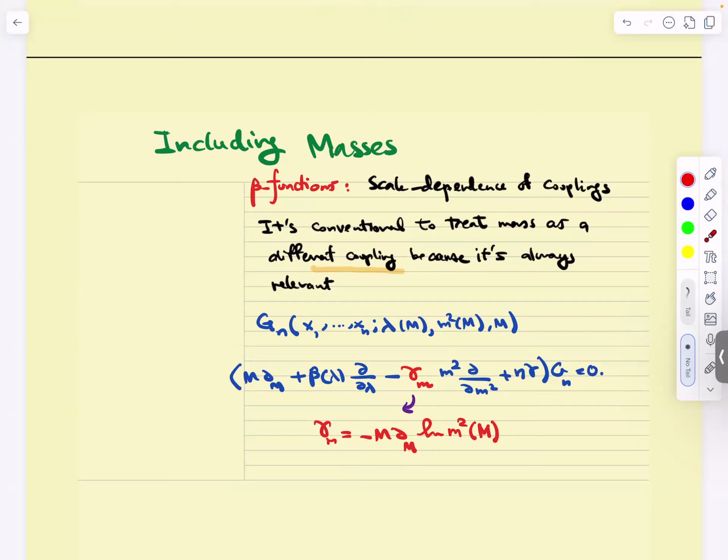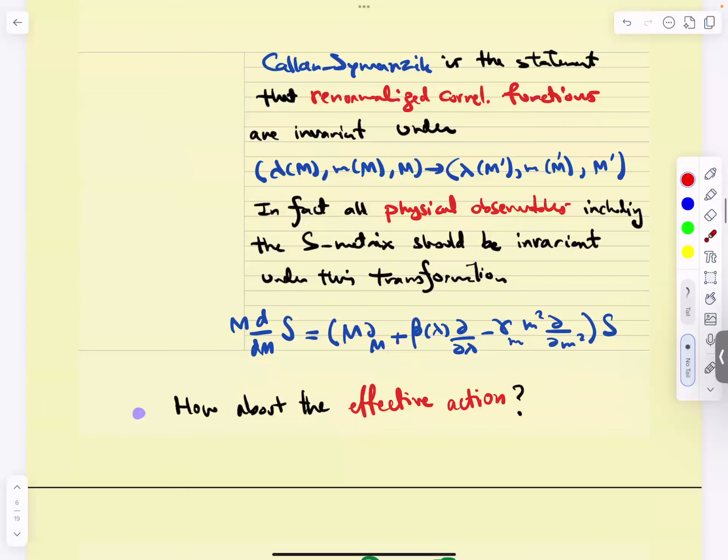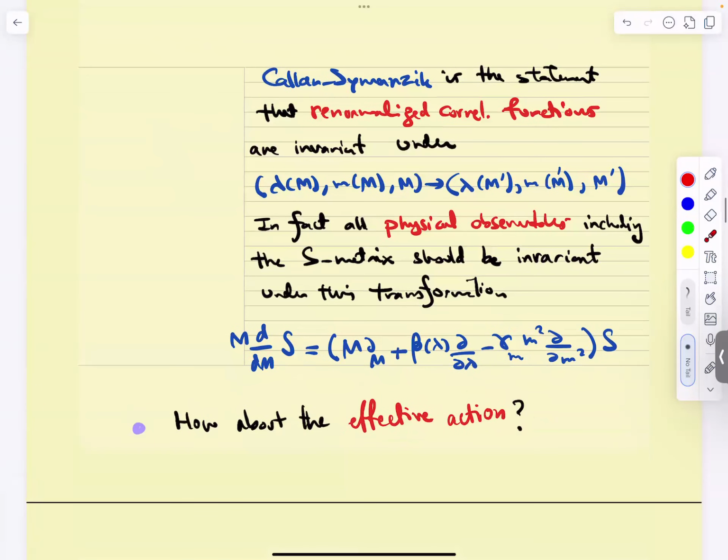The other thing that we're going to do today is that we're going to talk about how to formally solve the Callan-Symanzik equation. So 3 things. Callan-Symanzik is the statement that the renormalized correlation functions are actually up to the z's. You know what I mean by this.